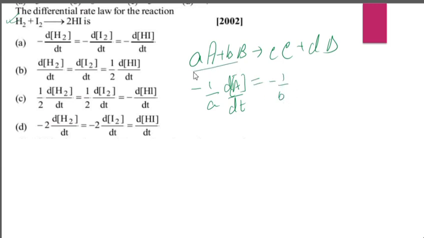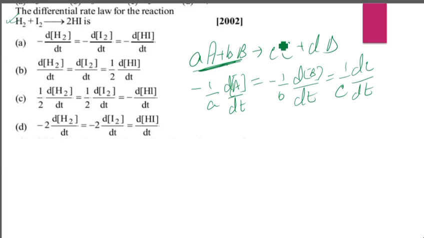Why this minus? Because these are the reactants. Reactants will go on decreasing in concentration with time, so to measure that decrease we put a minus. Then dC by dt with 1 upon c.